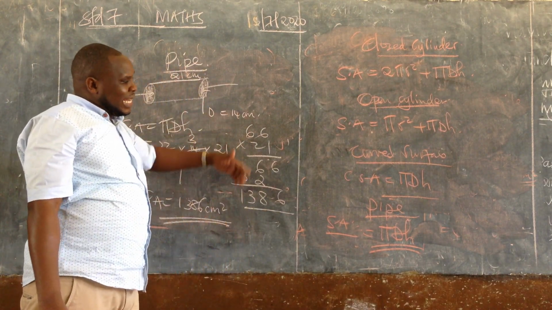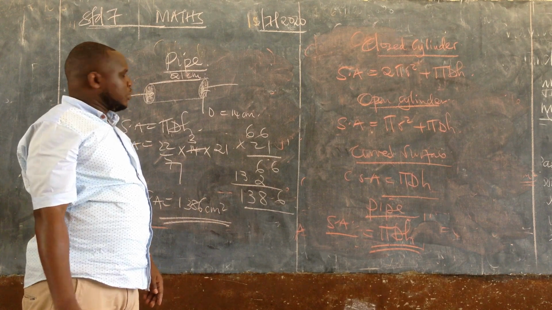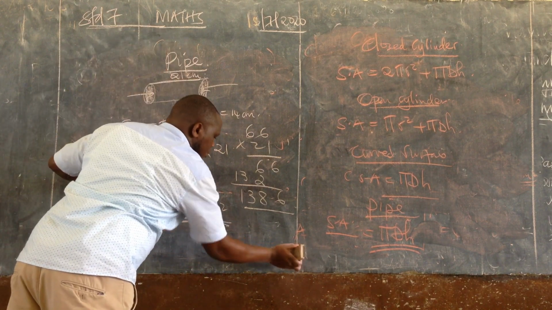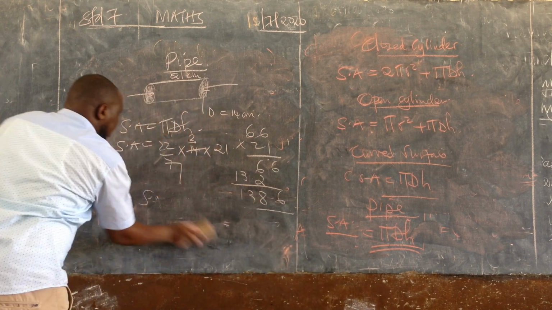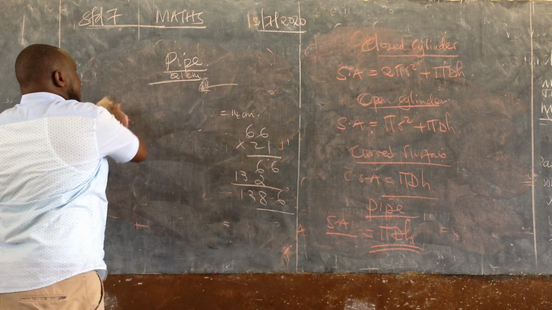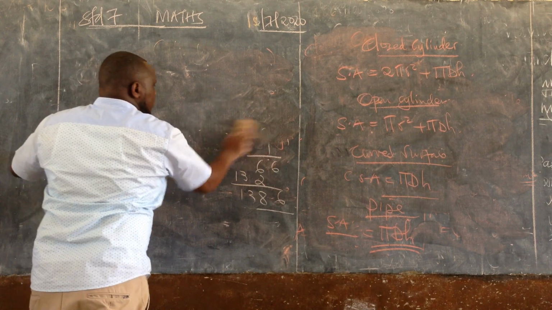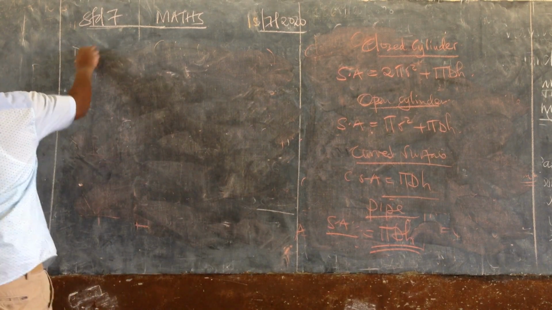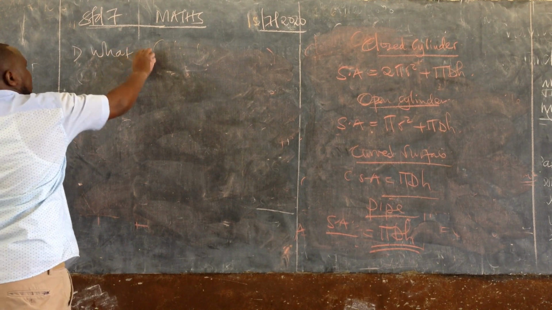So we are done with that, learner. I want to give you 2 more examples before I give you a number of questions to be calculated. I write the question here.